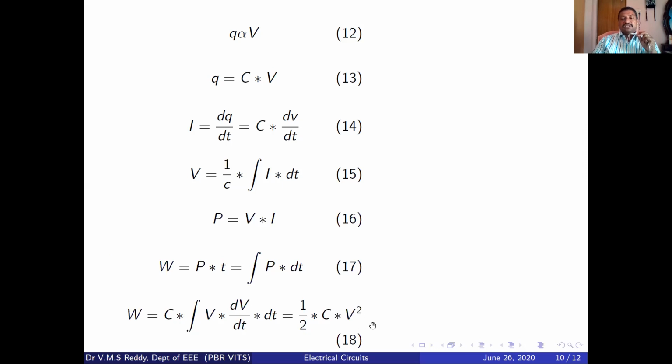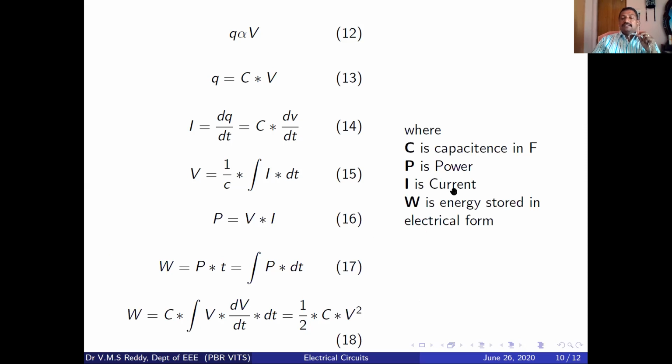So this much energy is stored in the capacitor between the two plates in terms of electric field, in terms of the charge. The charged particles are electrical in nature. Here C is capacitance in farads, P is power in watts, I is current in amperes, and W is the energy stored in the capacitor in the form of electric field.